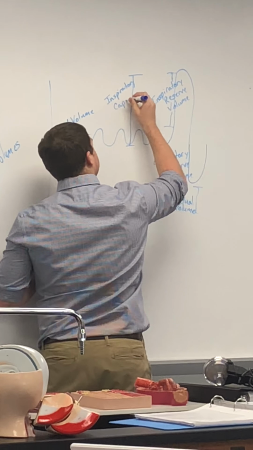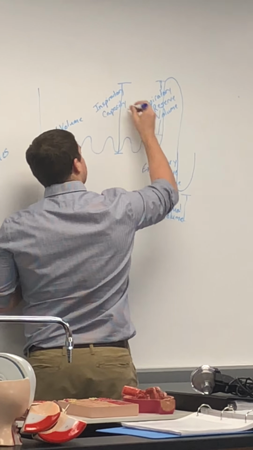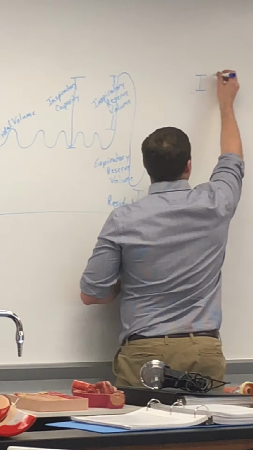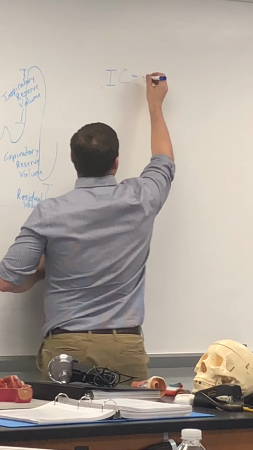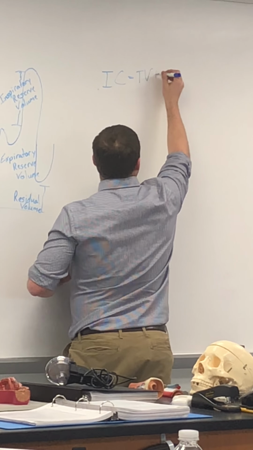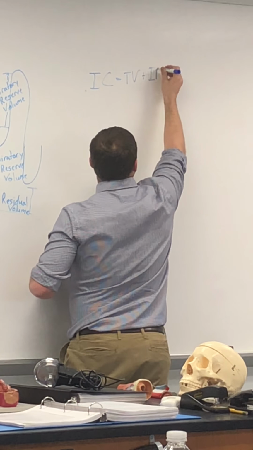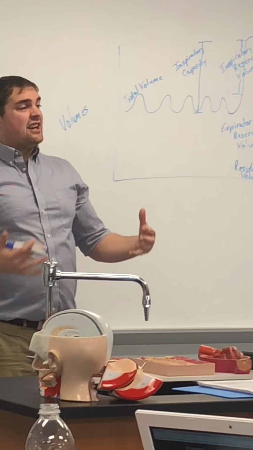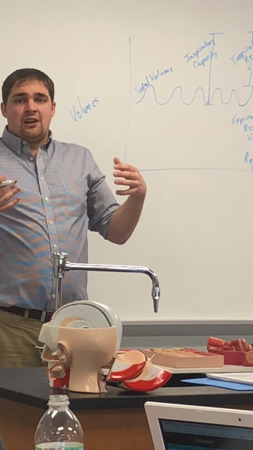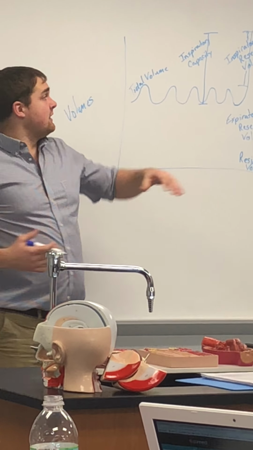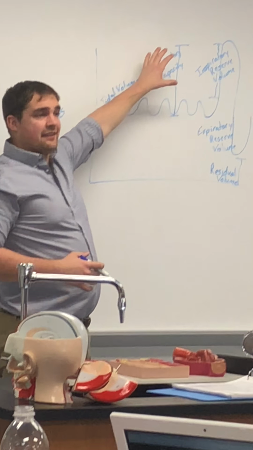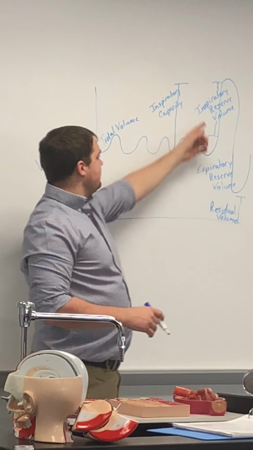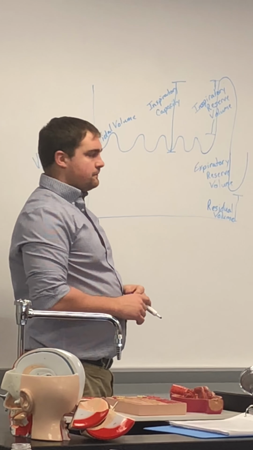So if we were to calculate that inspiratory capacity, we would say that's the same thing as taking tidal volume plus our inspiratory reserve volume. All right, so if I want to say how much air can you hold in your lungs on inspiration, you would calculate this capacity. So to do that, you take the tidal volume and add it to your reserve.